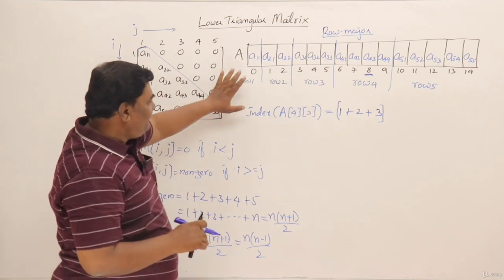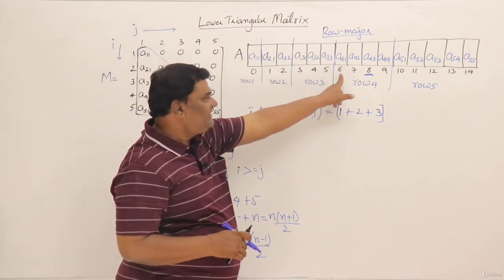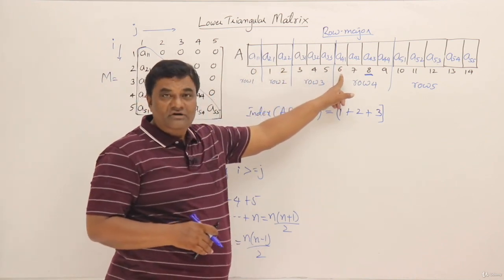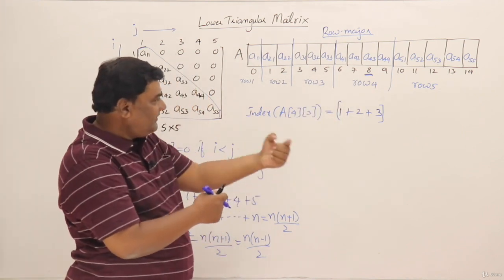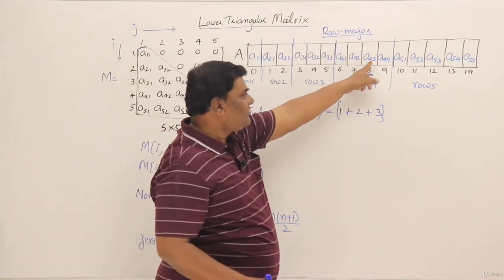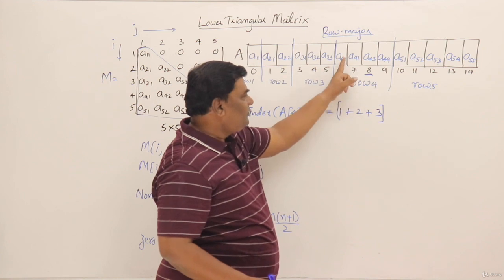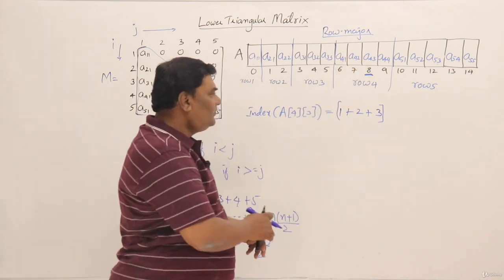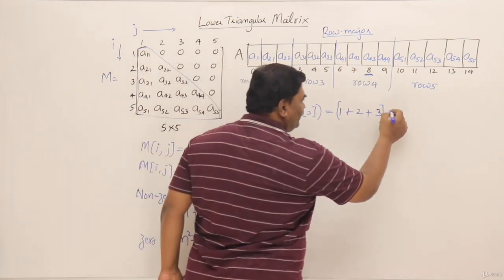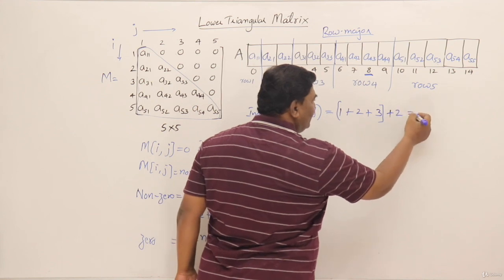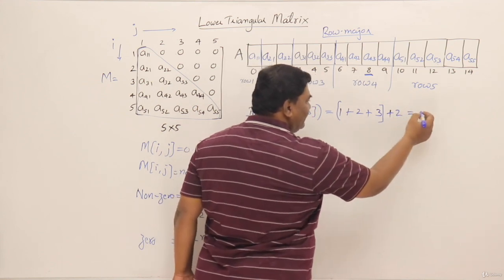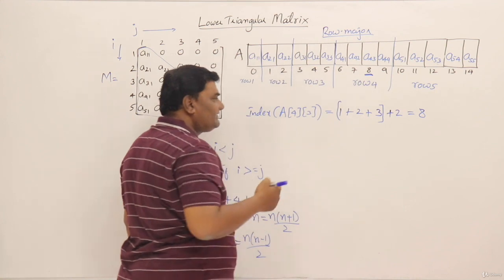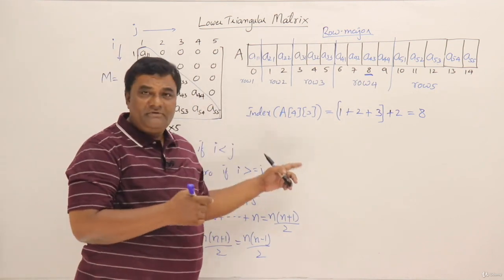Now, when I have skipped the first, second and third rows, I am at the beginning of the 4th row. Then how many elements should I move ahead to reach 4, 3? I should move 1, 2. So 2 elements I should move. So plus 2. If I take the total, this is 8. So yes, I got the index. So this is for 4, 3.